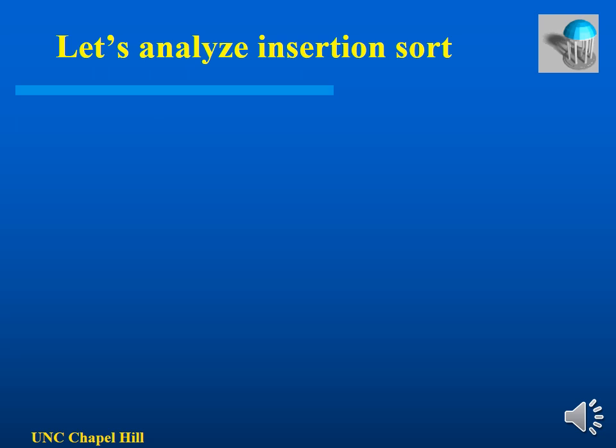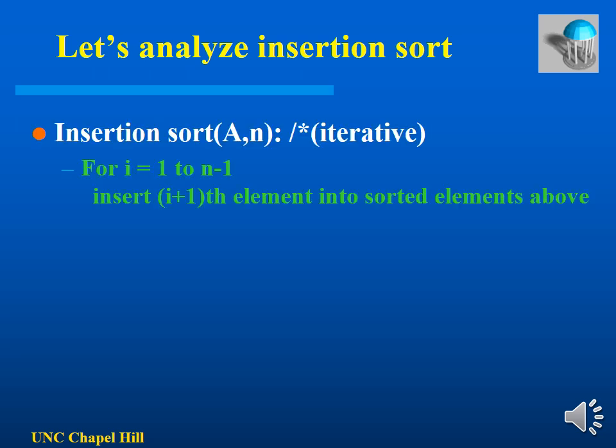So let's be more specific, starting with insertion sort. As I just said, insertion sort is an iterative algorithm, and at the ith stage, items 1 through i are already ordered by their keys, and we want to insert the i plus 1th element into that list of i sorted elements.